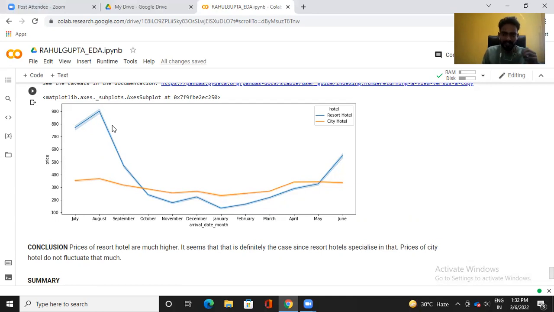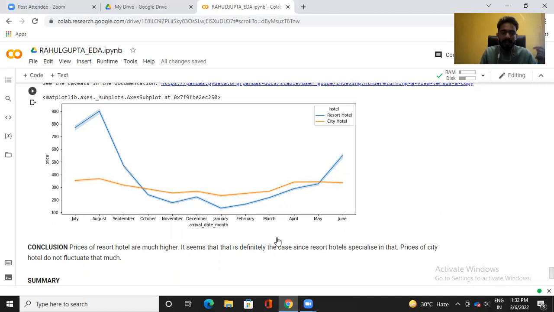I don't know whether they are actually using data analysis to see which month the maximum customers will come. If the demand is more, then the price will be more, but they have not increased it. But in resort type, the price will increase because many families are coming for vacations.